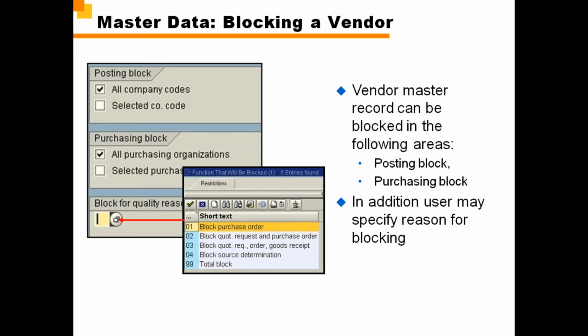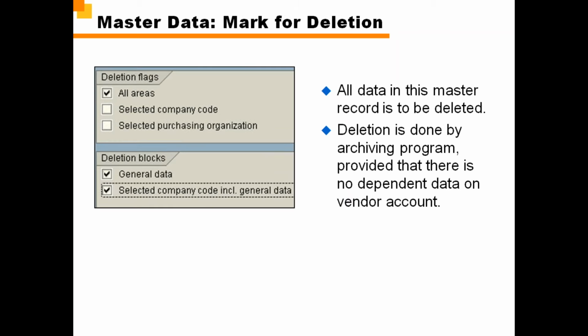And for the purchasing block, at the time of doing the purchase entry, if we have selected this reason, the purchase entry cannot be done by the people of the purchase department.